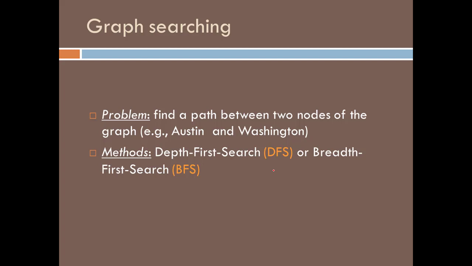If we have multiple edges connecting from one node to the destination node, it means there exists a path from that node to the destination node. So different methods can be used. One is DFS, which is depth first search, and the second one is BFS, breadth first search. So two methods are there in order to find a path between two nodes of a graph.